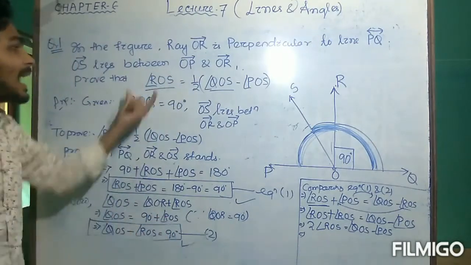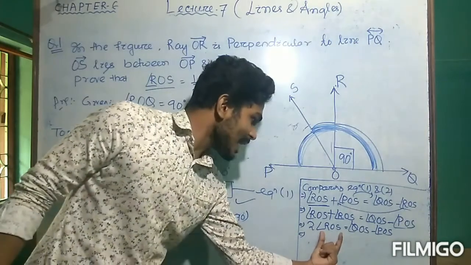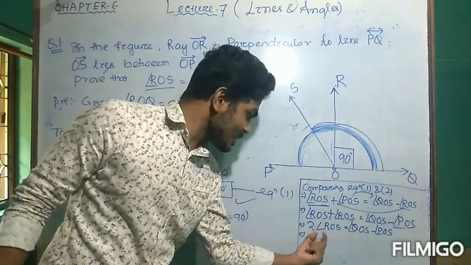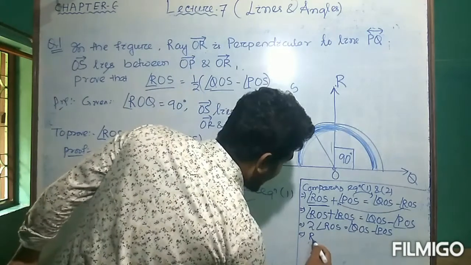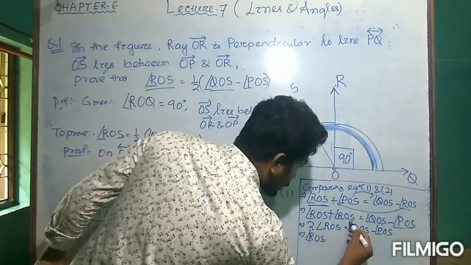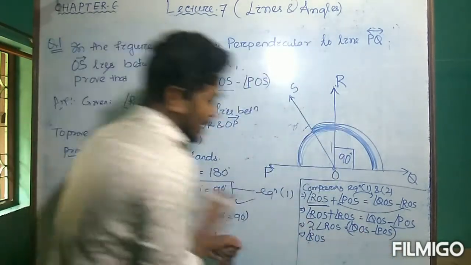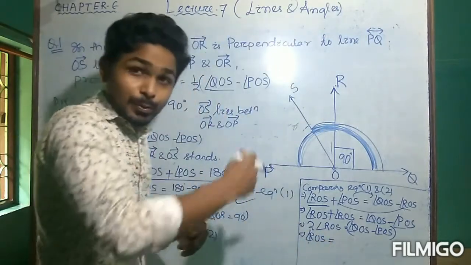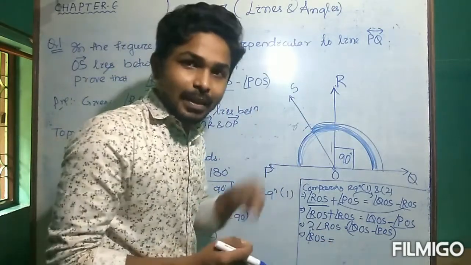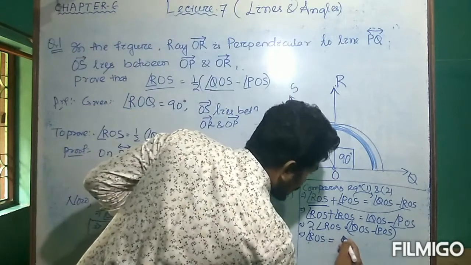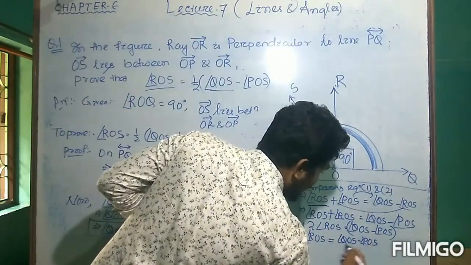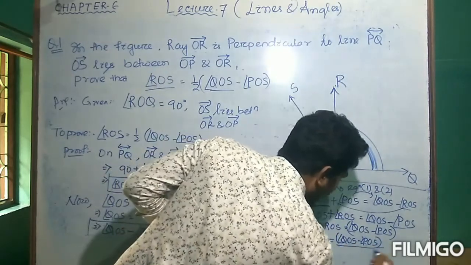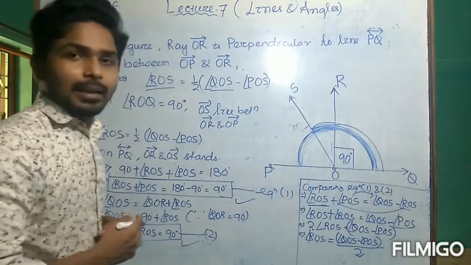So what you have to prove? You have to prove only ROS. Here in the left hand side we have 2 of ROS. So these two should be taken to the right hand side. So ROS angle, suppose this is bracket, okay, is equal to, when 2 moves to the right hand side, it will be divided. So QOS minus POS angle bracket divided by 2.